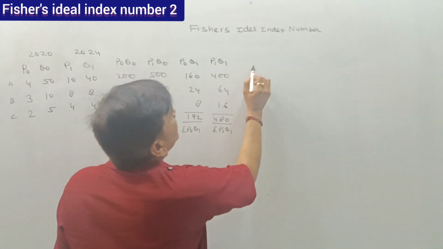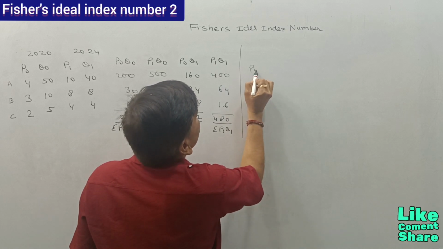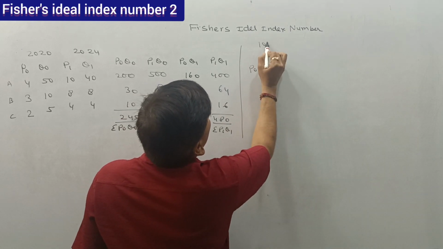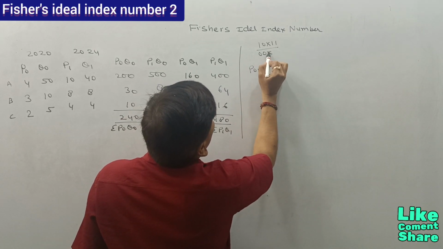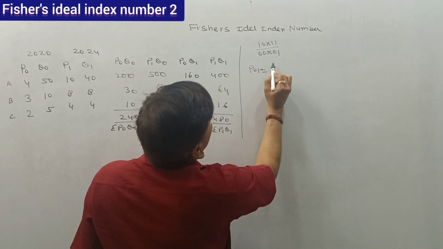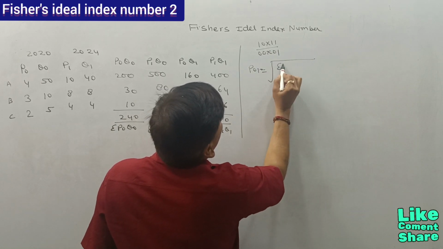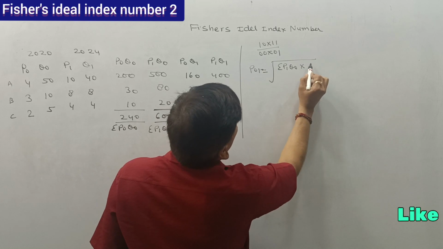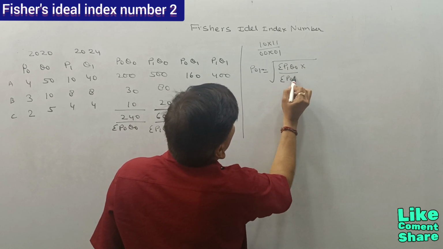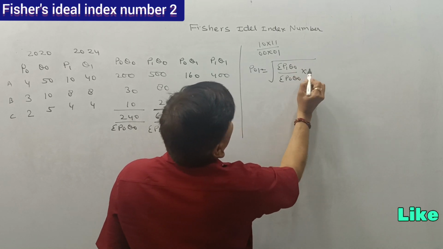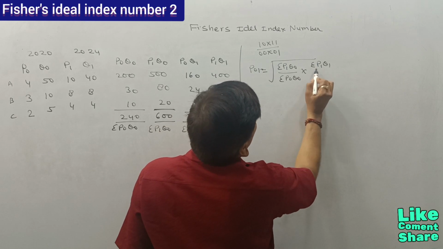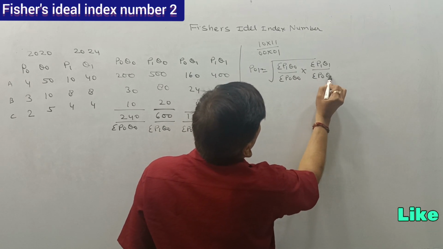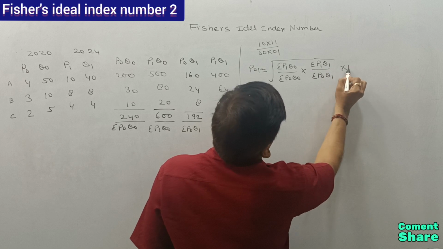For the Fisher ideal index number, P01 equals the square root of P10 times P01, that is, sigma P1 Q0 divided by sigma P0 Q0, multiplied by sigma P1 Q1 divided by sigma P0 Q1, multiplied by 100.